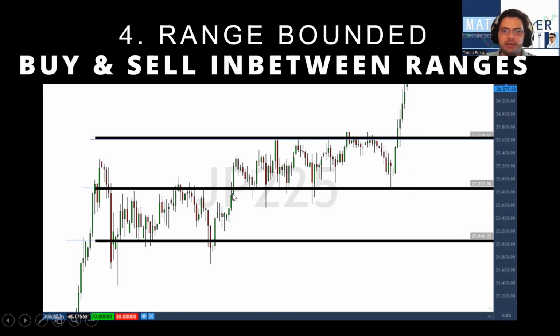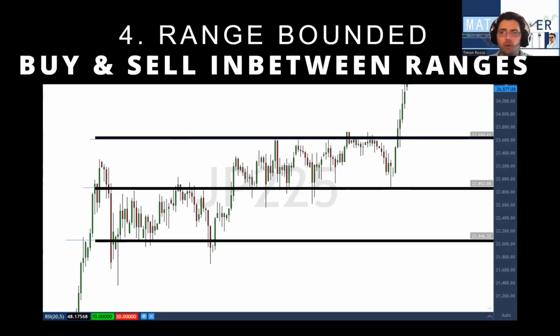So here's an example with the Japanese index, the Nikkei 225. It's a great index to trade range bounded out of the majority of indices that I've seen. And I do know traders that like trading the Nikkei 225. I'm not an expert in range-bounded trading, so I cannot tell you exactly the statistics and how it works.